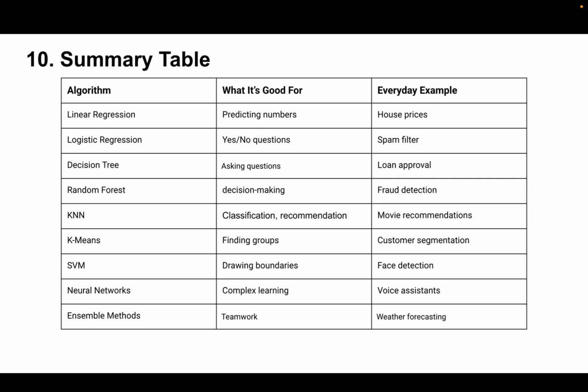KNN, classification and recommendation. Everyday example, movie recommendations. K-means, finding groups. Example, customer segmentation. SVM, used for drawing boundaries. Example, face detection. Neural networks, used for complex learning. Example, voice assistants. And ensemble methods, good for teamwork. Example, weather forecasting.